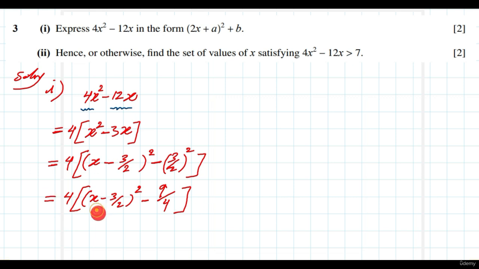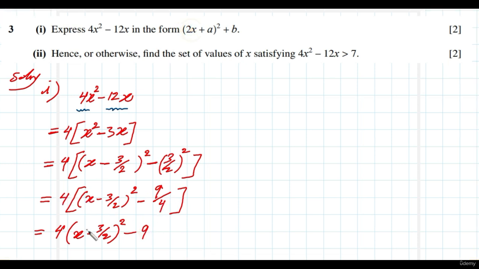And if you look at this form, you see it's not exactly the same as given in the question, which is requested to do so. Therefore, we need to multiply this 4 by the terms inside the square bracket in order to get such a form. We can say it's 4 times (x minus 3 over 2) all squared, then minus 4 times 9 over 4 is just 9, because you can cancel 4 with this 4.